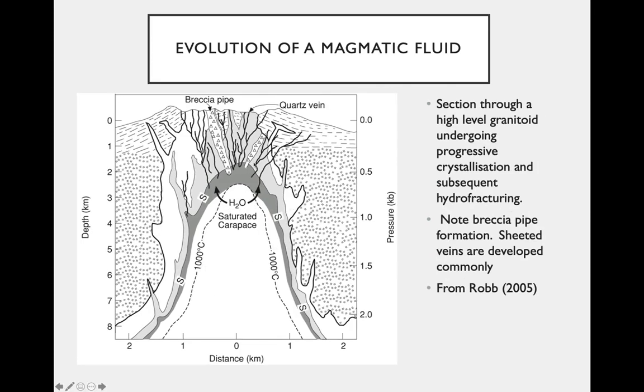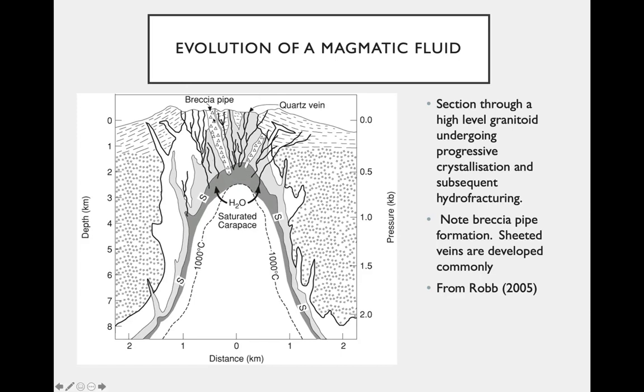So what then happens is we get a circumstance of hydrofracturing, so the pressure of the fluid exceeds lithostatic conditions, and that's easier to occur at shallow crustal levels.